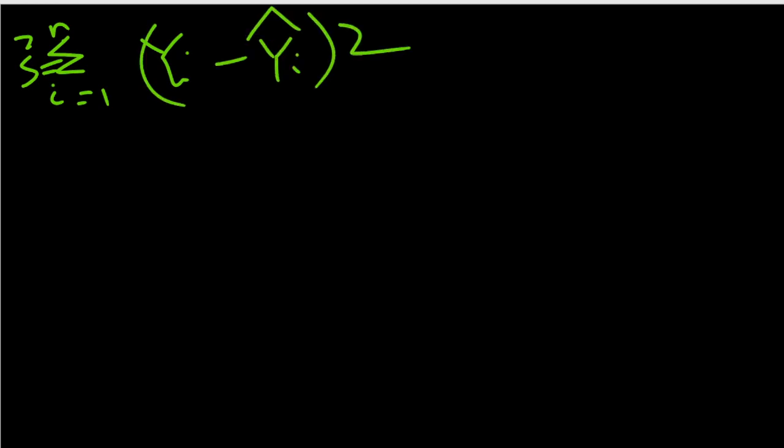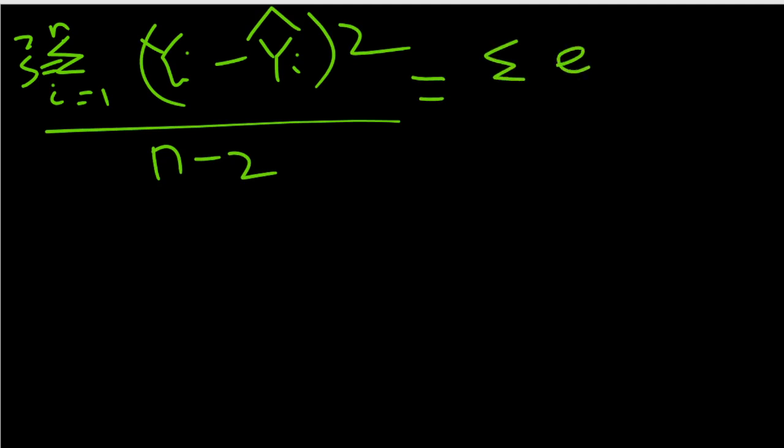S square equal to summation i goes from 1 to n of yi minus yi cap whole square divided by n minus 2, and this upper part we can denote as the sum of ei square, divided by n minus 2.